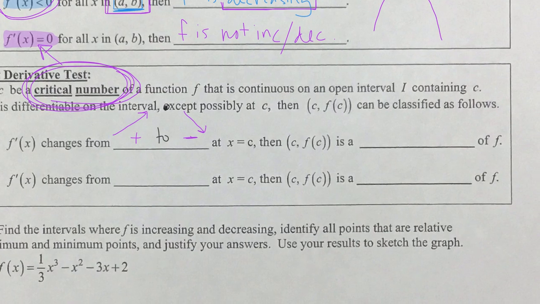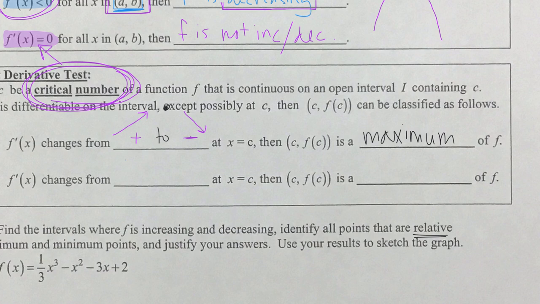The top of a hill is called a maximum. We're going to have a local maximum or a relative maximum, as you see right here. So it might not be the absolute maximum, right? That's another test, but this is what we can test to see if we even have a maximum.